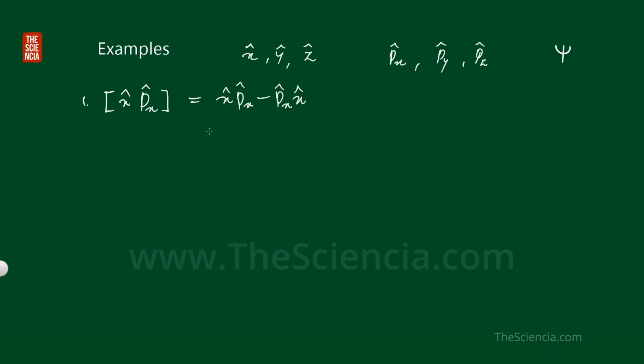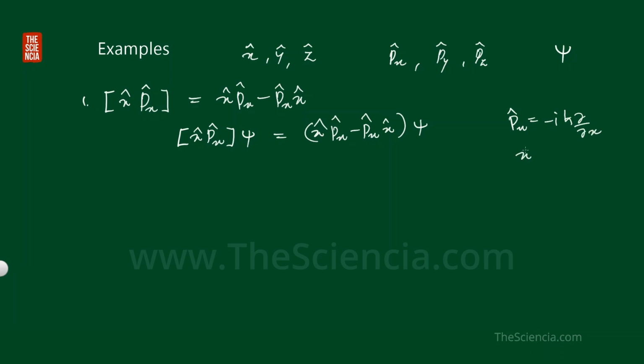So x cap px cap operating on psi is equal to x cap px cap minus px cap x cap operating on psi. And here we know the operator px cap is equal to minus i h cross dou by dou x, and the x cap operator is x itself.